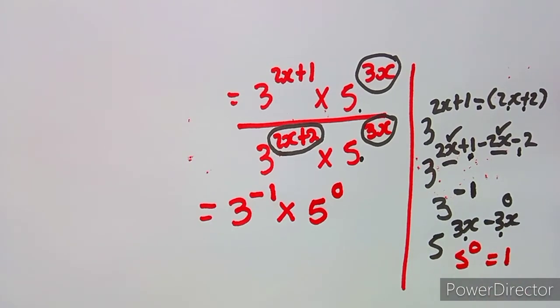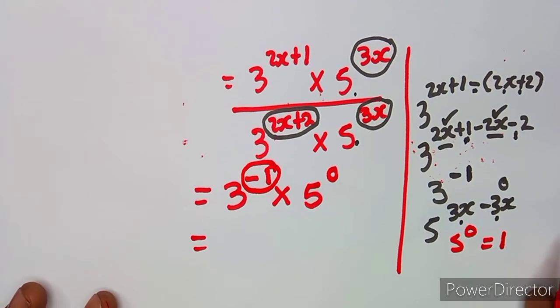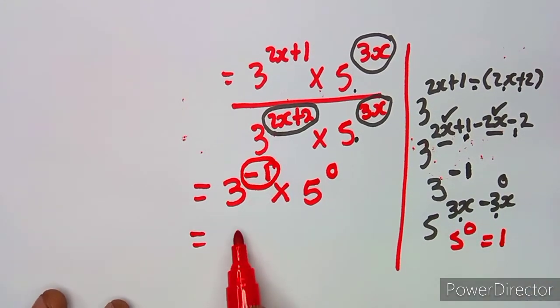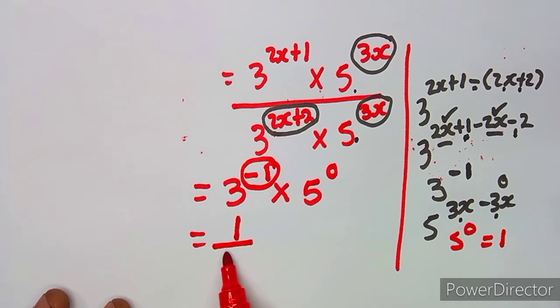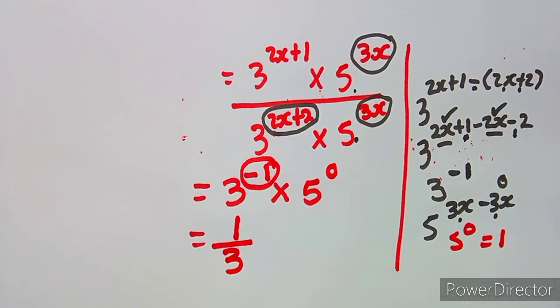So this is the same as if you are multiplying 2 to 1. But 3 to the exponent of negative 1, this one is a negative exponent. So how do you remove a negative? Remember I told you guys it's 1 over the number, so it's 1 over 3 times 1, because this is same as 1. So 1 times any number, it remains as it is. So our answer is going to be 1 over 3.